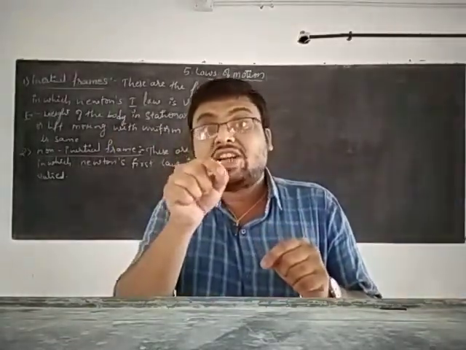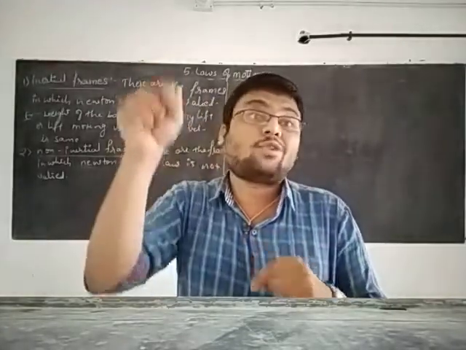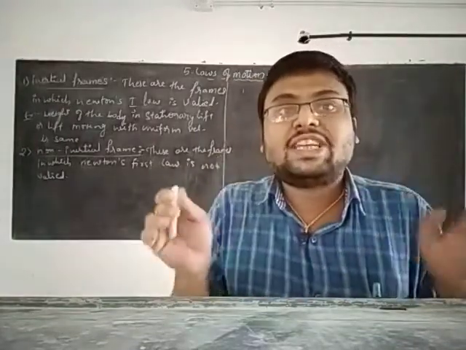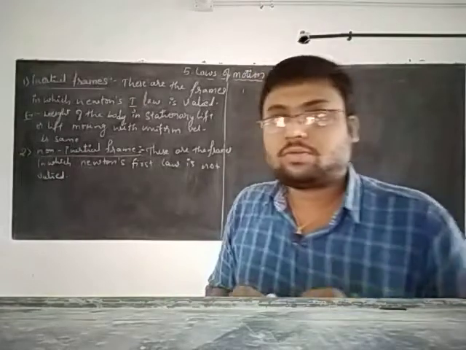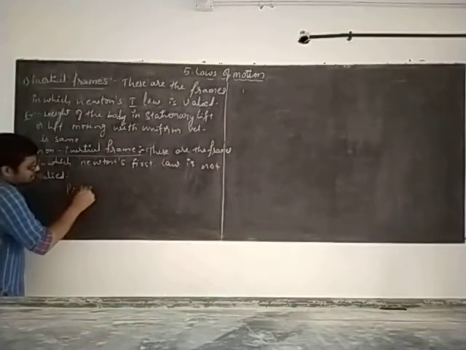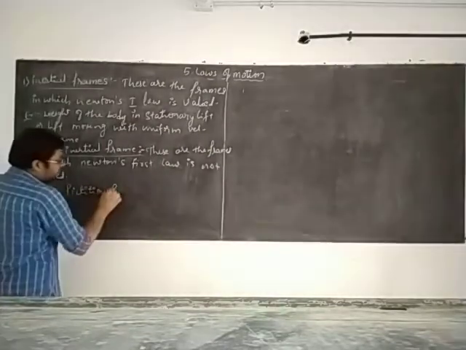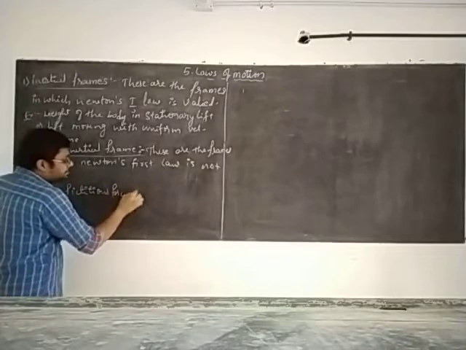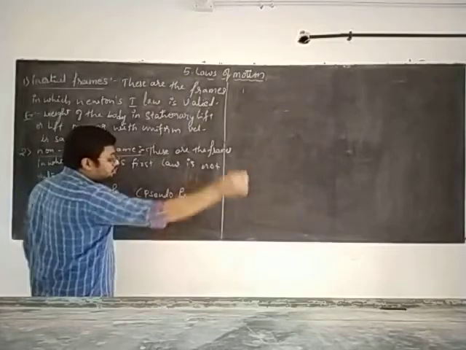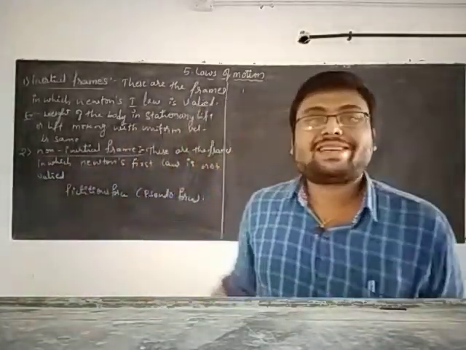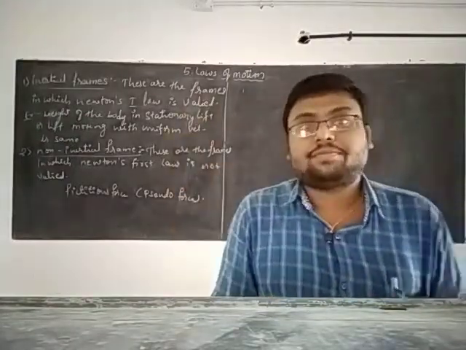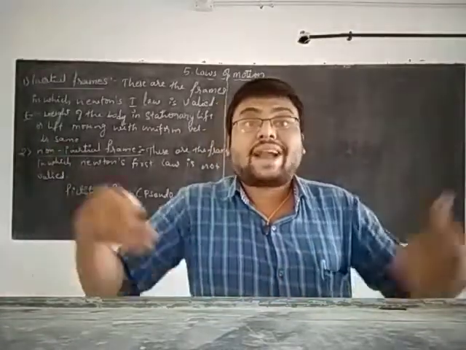The additional force which appears to act on the body is called a fictitious force, or a pseudo force. Actually, it is not present, but it appears to be. The body will feel that a force is acting on it.